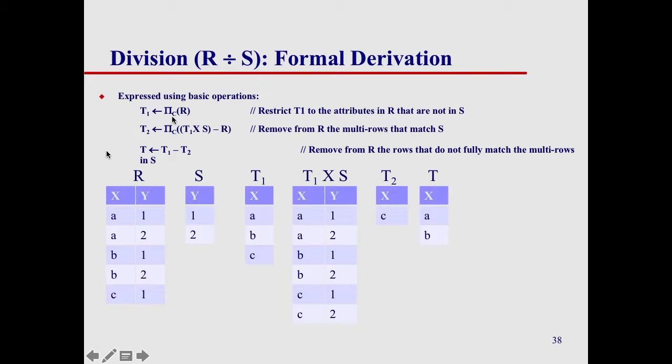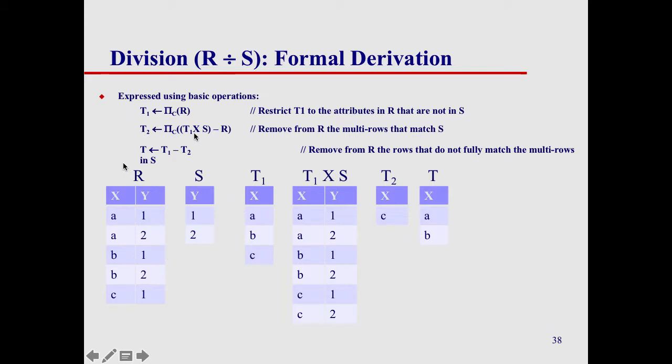The first step is to simply do a projection on R in the attributes in C. Remember, C is the set of attributes in R that are not in S. So in this case, when we look at R and S, we see that the set C is equal to X because R shares the column Y with S. So we're going to first do a projection on R on the attribute X. So we get this relation right here with the rows A, B, and C. So that's step 1.